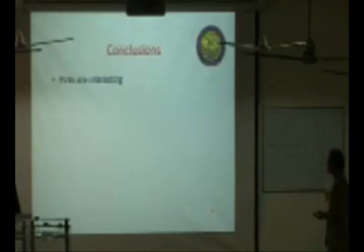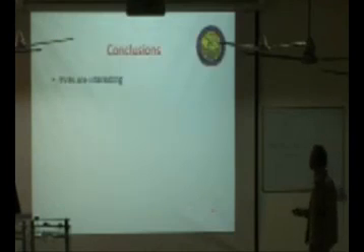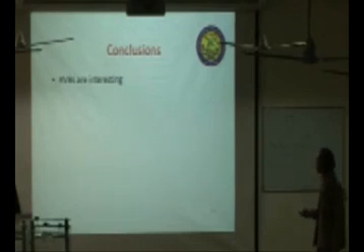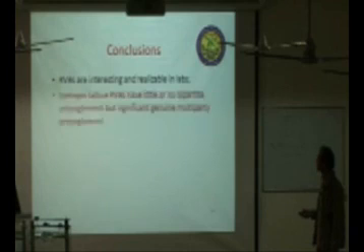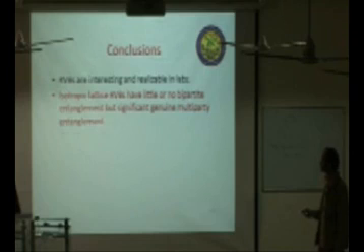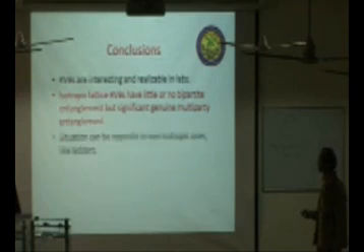So with that I come to my conclusion. I have been trying to tell you that RBBs are interesting and are realizable in labs. Isotropic RBBs have little or no bipartite entanglement, but significant genuine multi-site entanglement. The situation can be completely opposite in non-isotropic ones, like ladders.